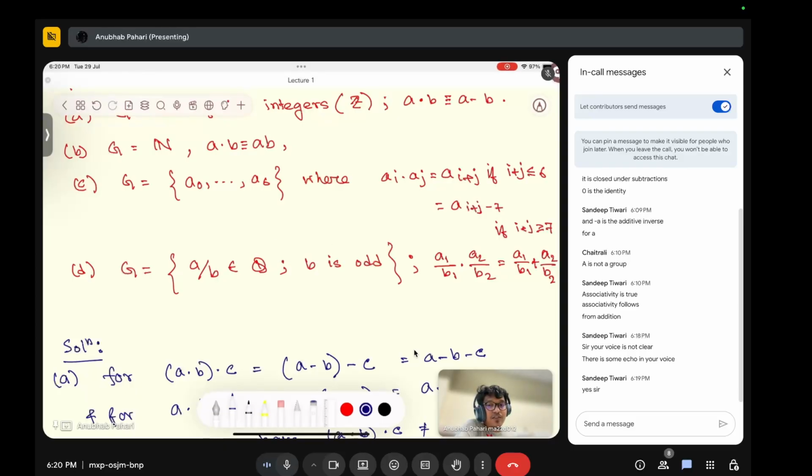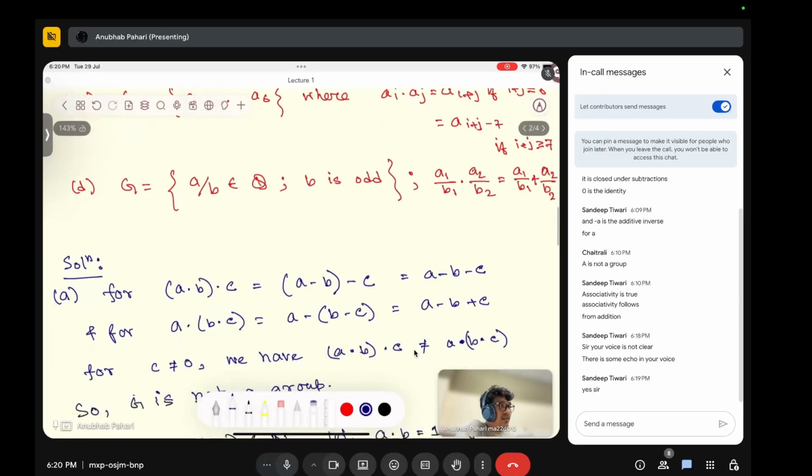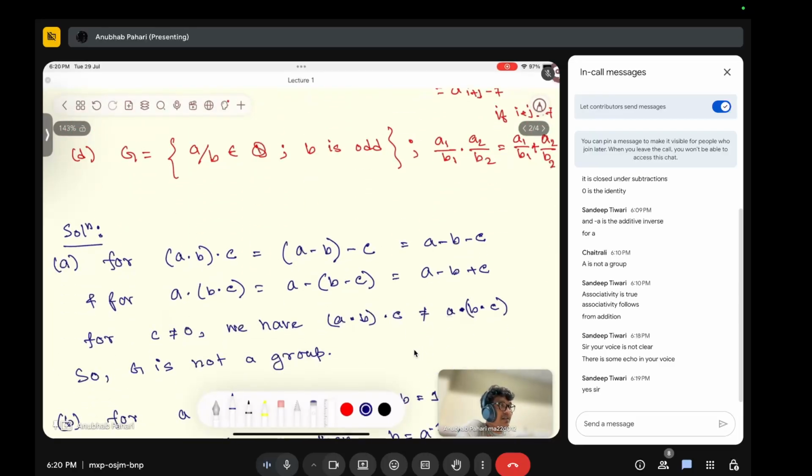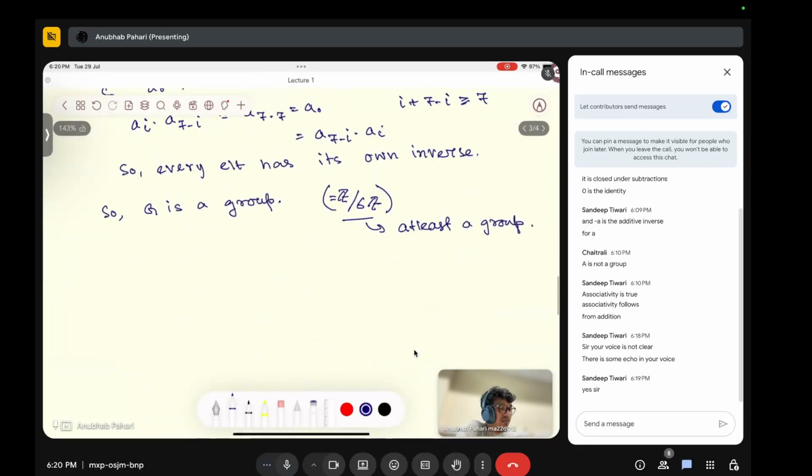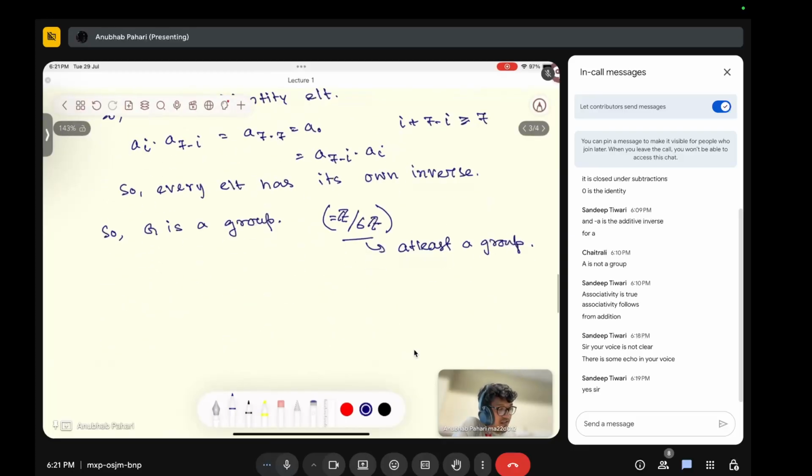Yeah, it is closed, and also 0 is there because you can write 0 as 0 by 1, and to every element a by b, minus a by b is there. So yeah, this is a group, right? Left as an exercise. Answer is affirmative.